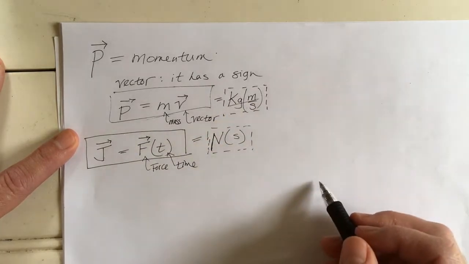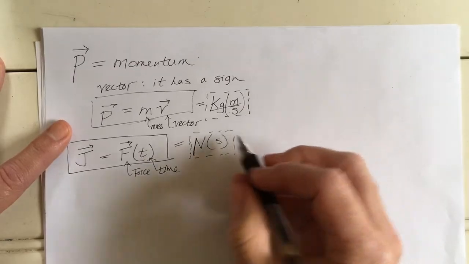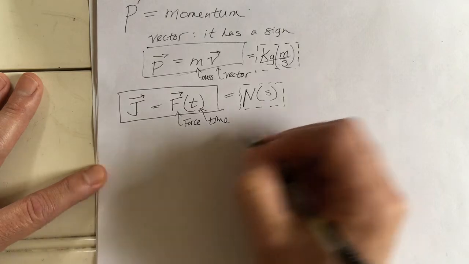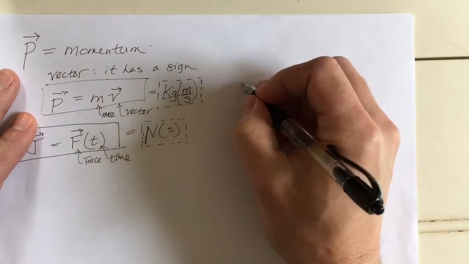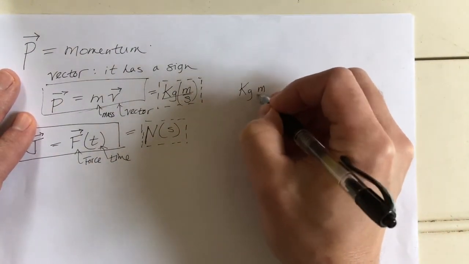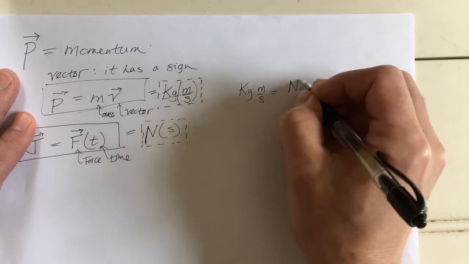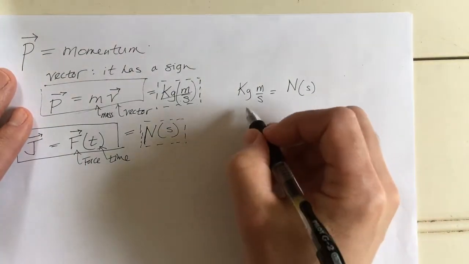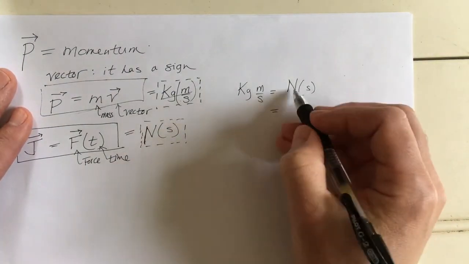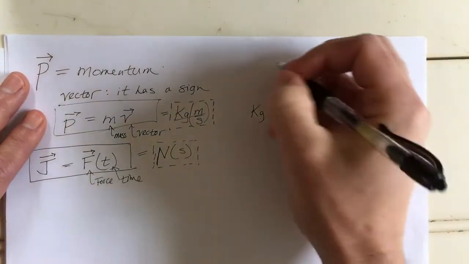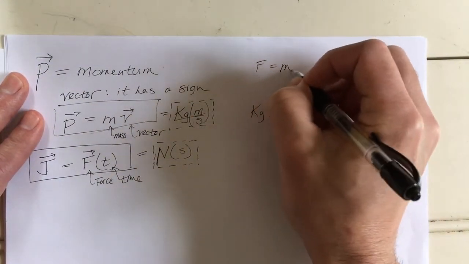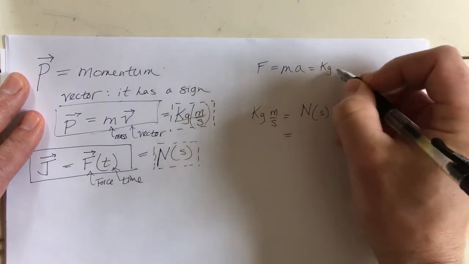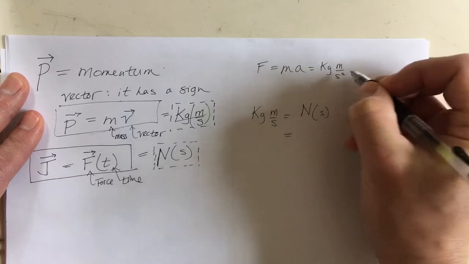Now, although these two might look different, they're not. What I'm trying to say is that kilograms meters per second is the same as newton seconds. And the reason for that is, what is a newton? F equals ma, so a newton is a mass, which is kilograms, times an acceleration, which is meters per second squared.